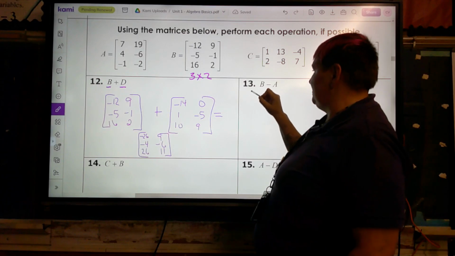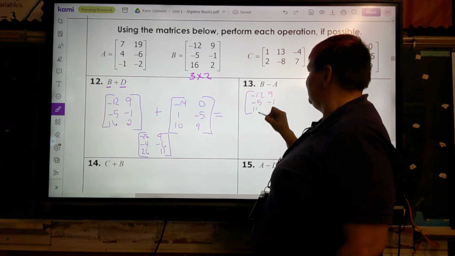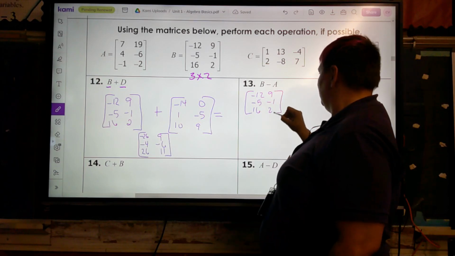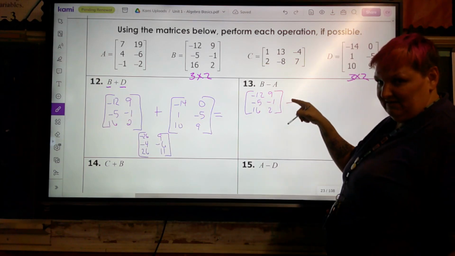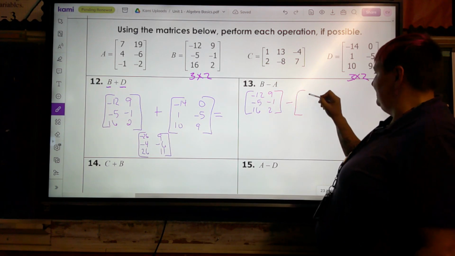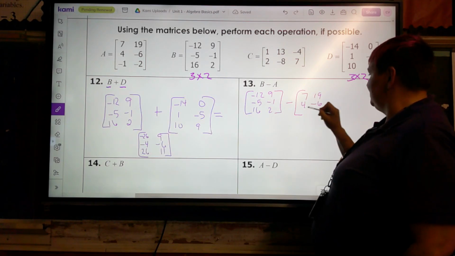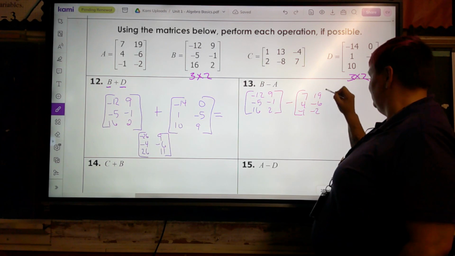So B, which is negative 12, 9, negative 5, negative 1, 16, and 2, subtracted by A, which is 7, 19, 4, negative 6, negative 1, negative 2.